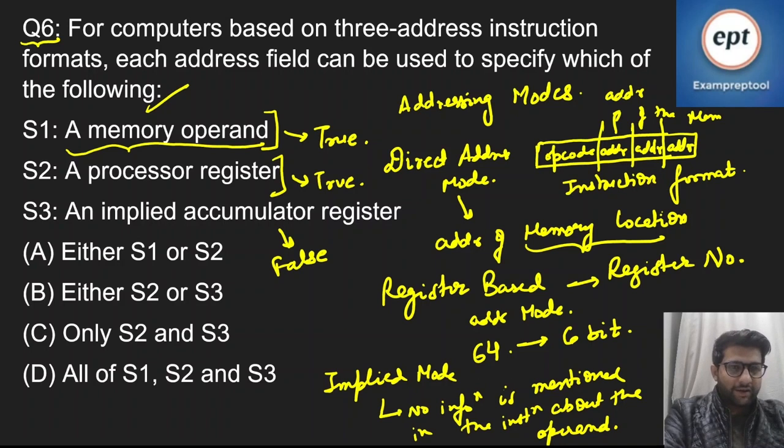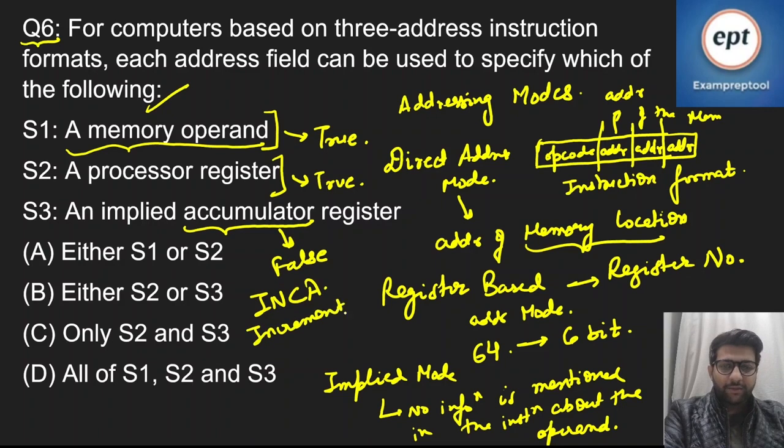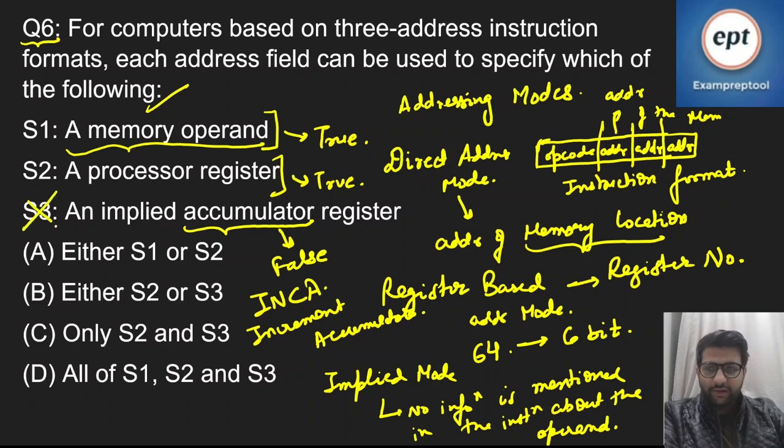The CPU will be smart enough to see that it requires the value from the accumulator. An example of such an instruction is the INCA instruction, the increment accumulator instruction. So nothing will be mentioned about the operand in those types of instructions. So S3 is false.